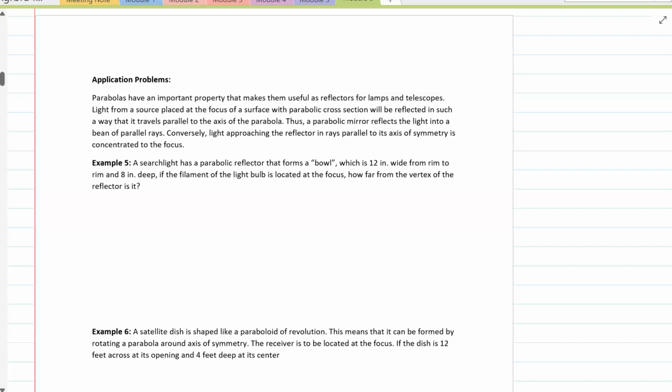You have a bowl-shaped light, and it is 12 inches wide from rim to rim. So from this distance to here, this is 12 inches wide. And it's 8 inches deep, so this distance here is 8 inches.